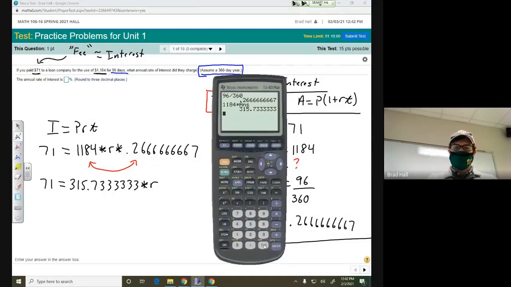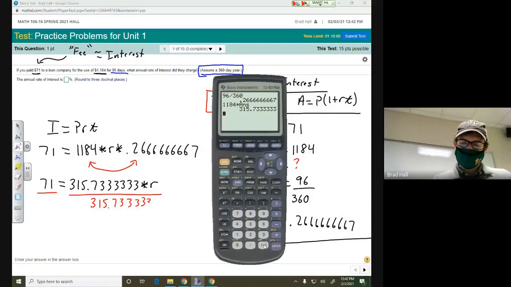And then from here, by simplifying any terms we can put together in the beginning, now the algebra is pretty simple. We just divide both sides by 315.7 and all those threes. And the same thing goes here.